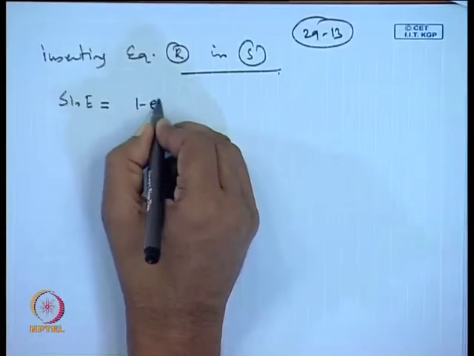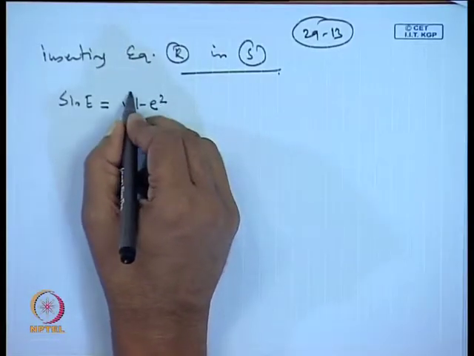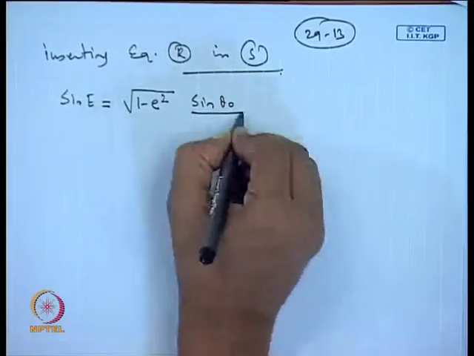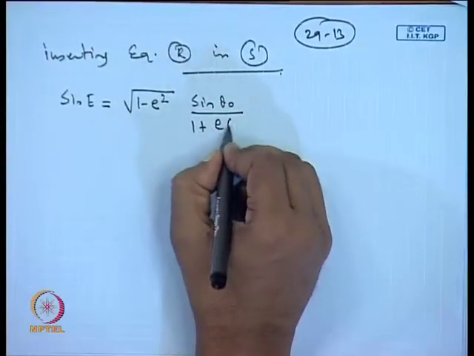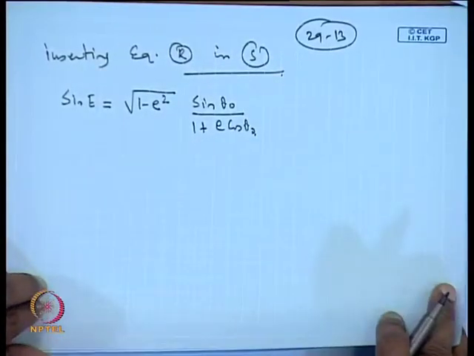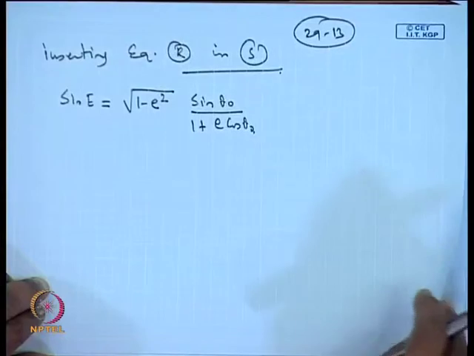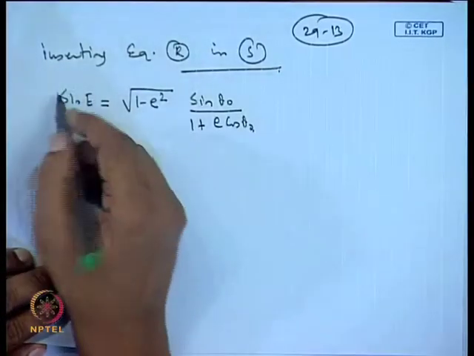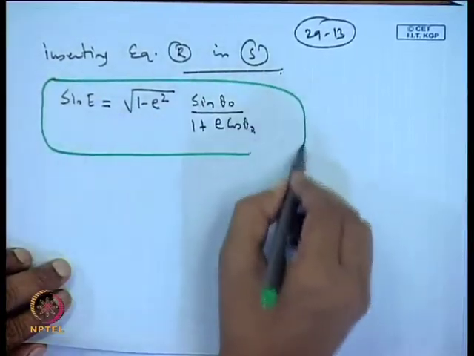This will get reduced to under root of 1 minus e square times sin theta 0 divided by 1 plus e cos theta 0. This is easy checking.